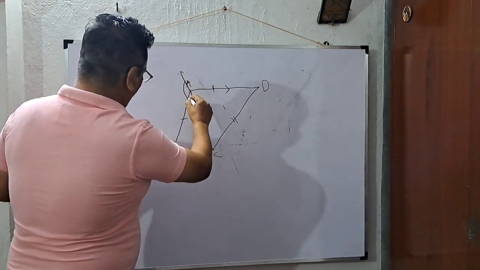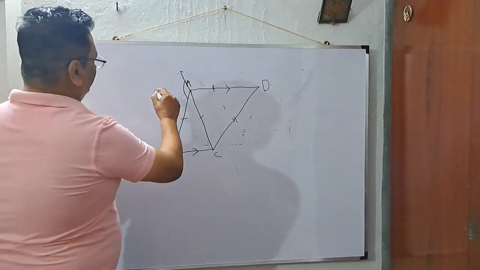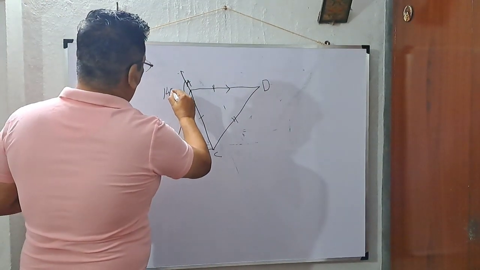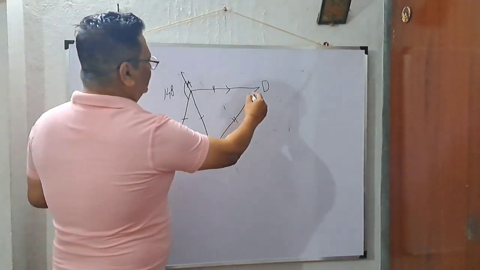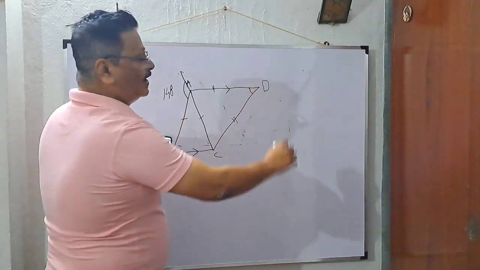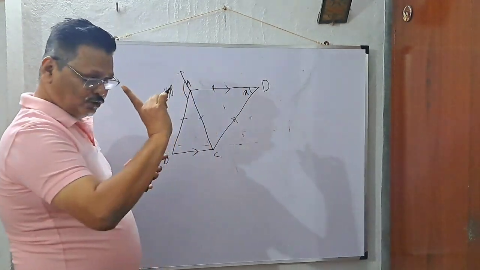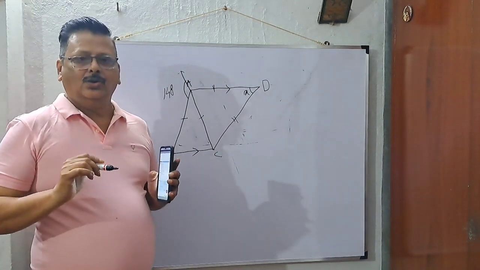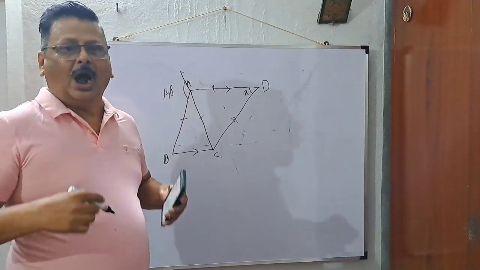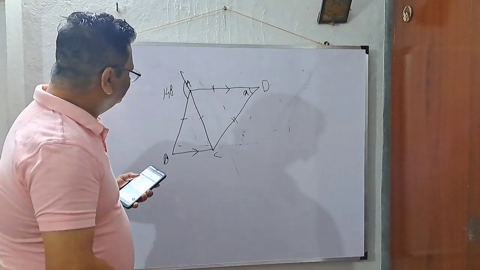What is given is this angle, which is 140 degrees. Now we have to find this angle. What is the value of this angle? Say this is X. So what is your strategy, or how will you get the value of X? You must first find this angle.